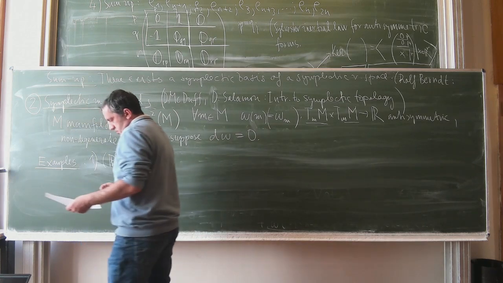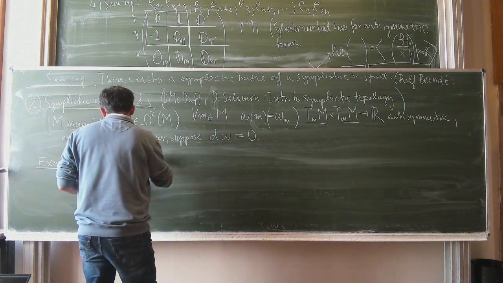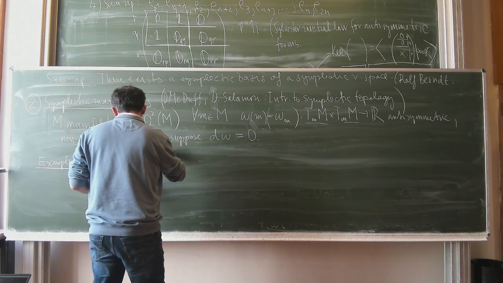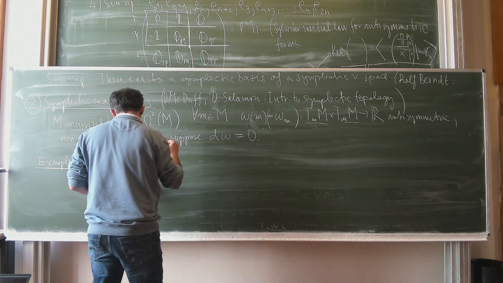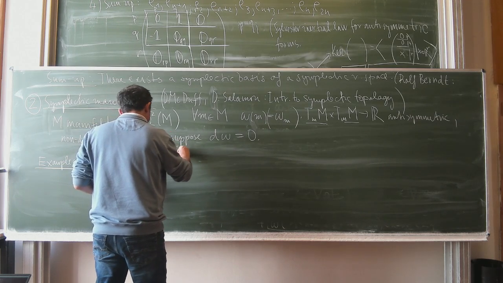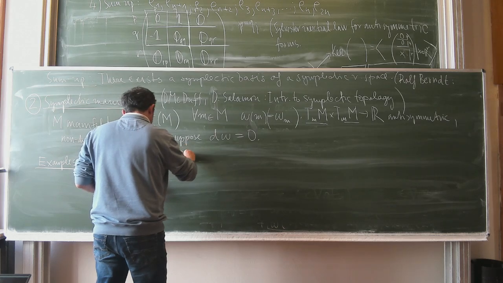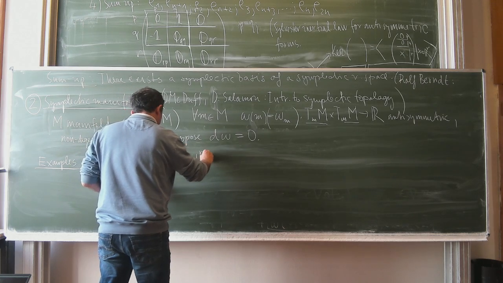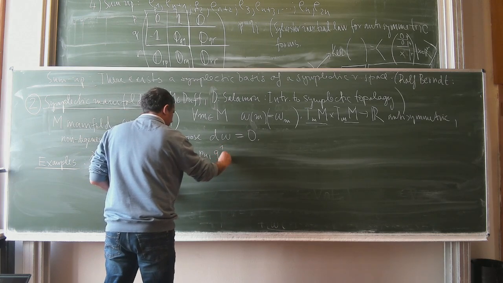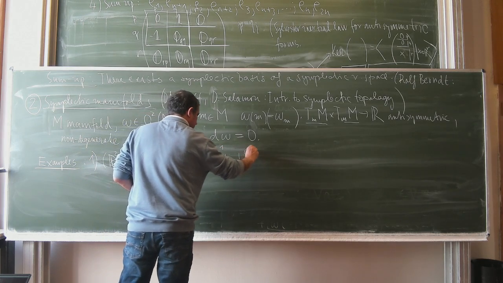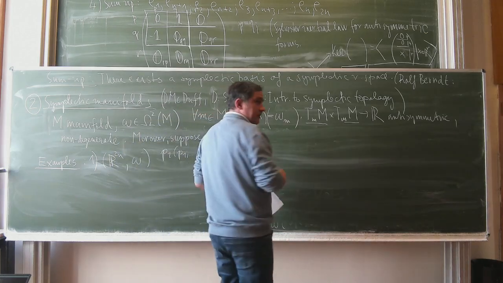R2n with omega, these coordinates. First coordinates pi, acting on endpoints and acting on further endpoints, which we denote in this way.